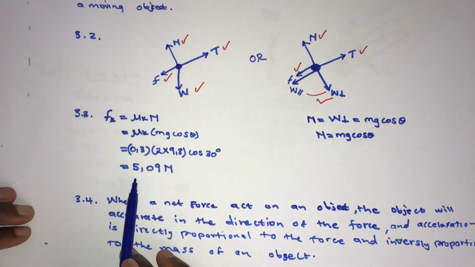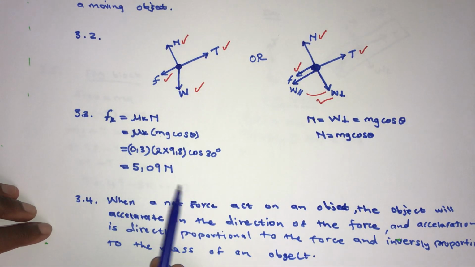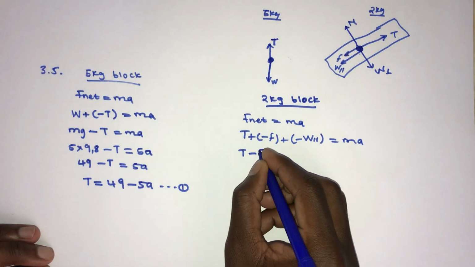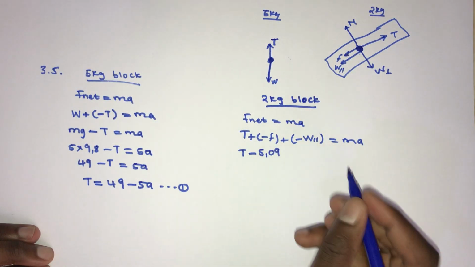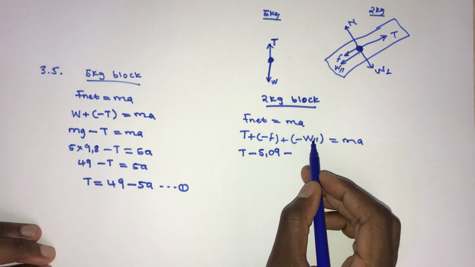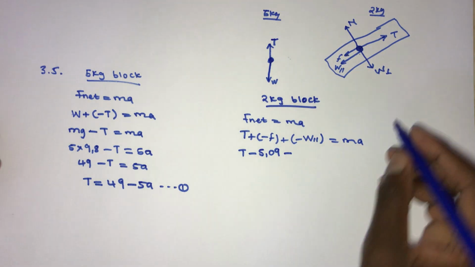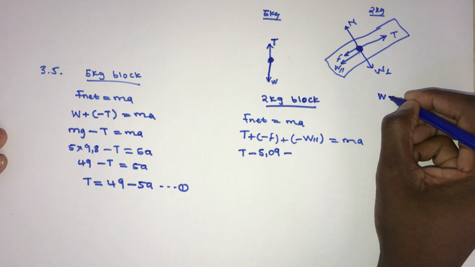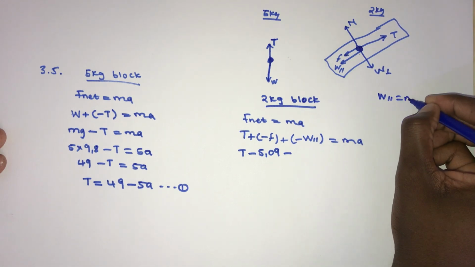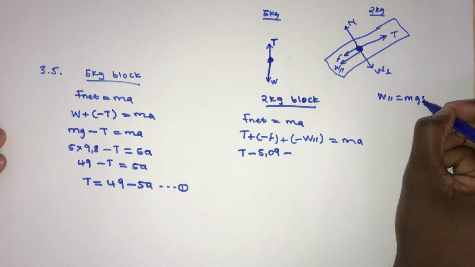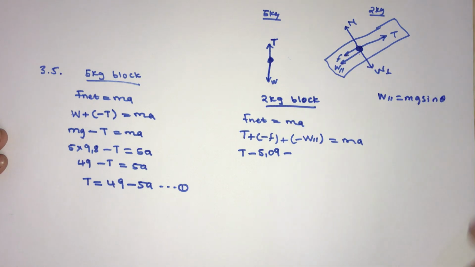So the frictional force we found is 5.09, that is the frictional force. So we have 5.09 minus weight parallel. Weight parallel is the same as mg sine of theta.